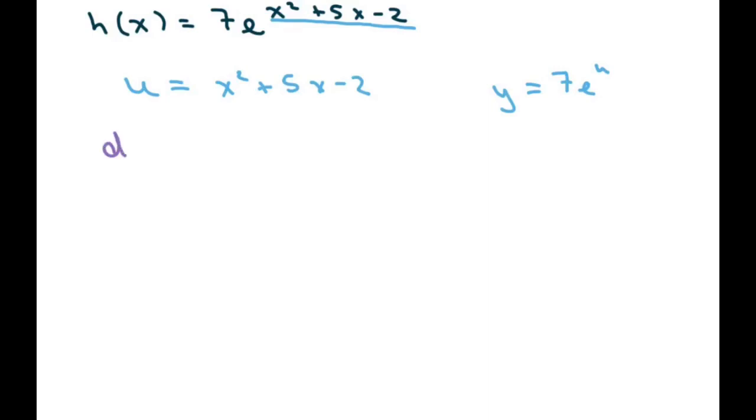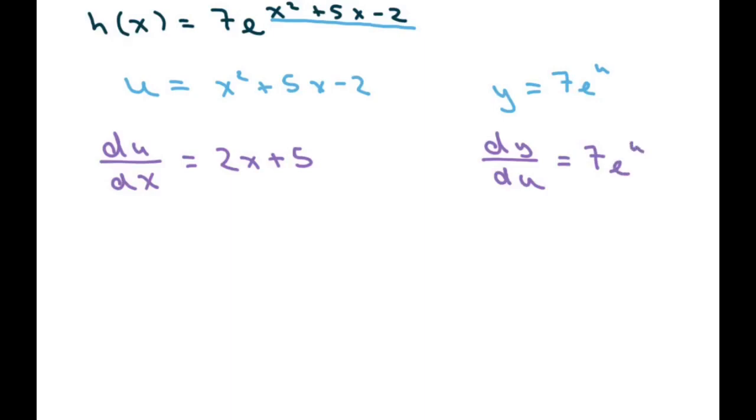Now, the derivative of u with respect to x equals 2x plus 5, and the derivative of y with respect to u equals the same thing, 7e to the u power.